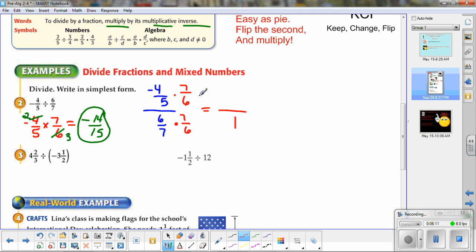On the top, when I multiply these two fractions, you'll notice this right here is the exact same thing that we had over here. So we ended up with negative 14/15 when we multiplied that. And negative 14/15 over 1 is just negative 14/15. That is why it works to multiply by the reciprocal, or the multiplicative inverse.